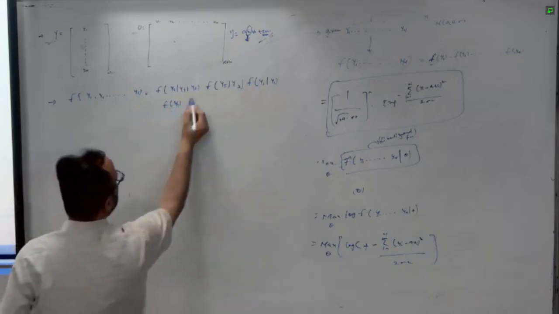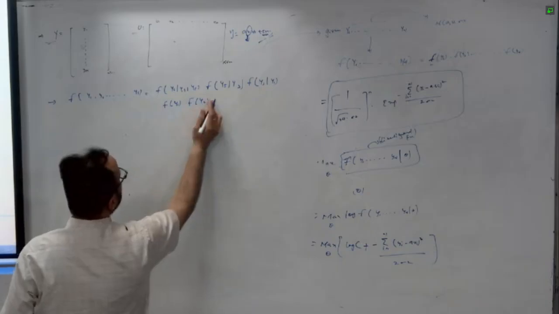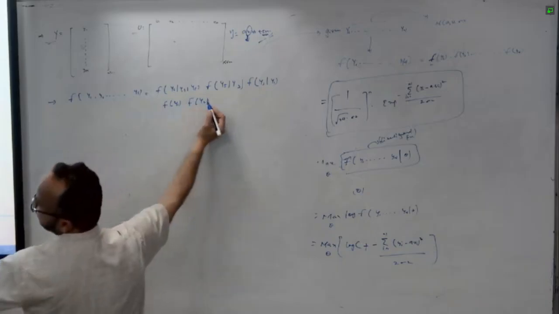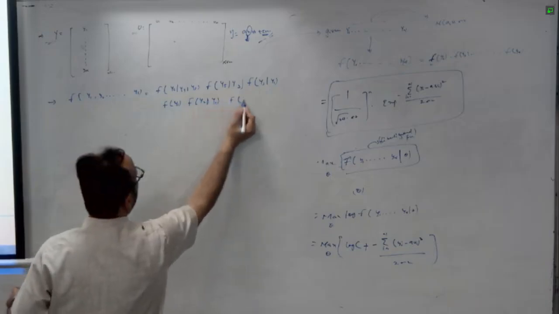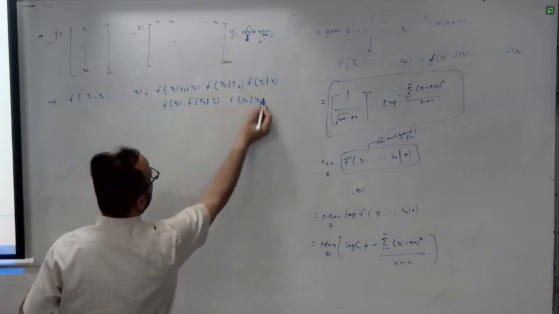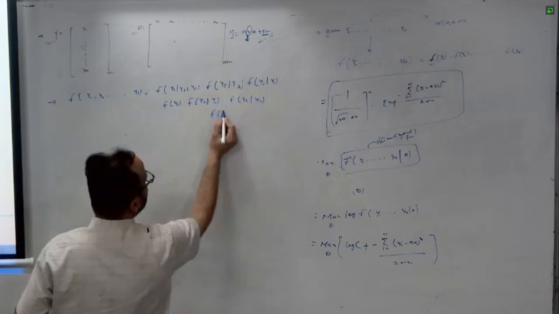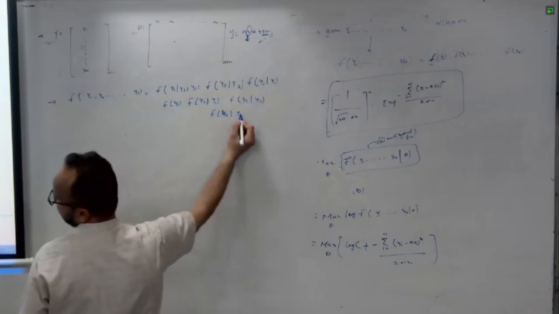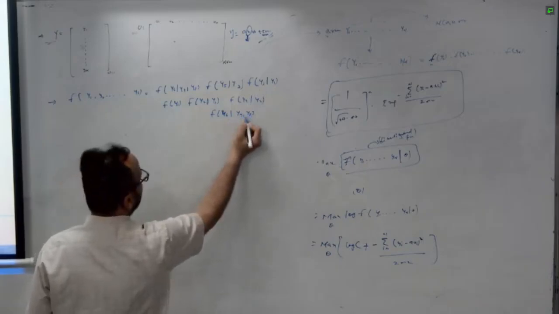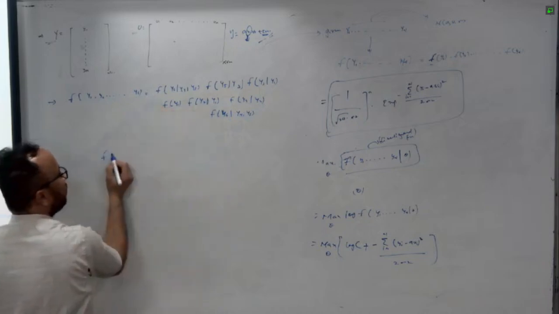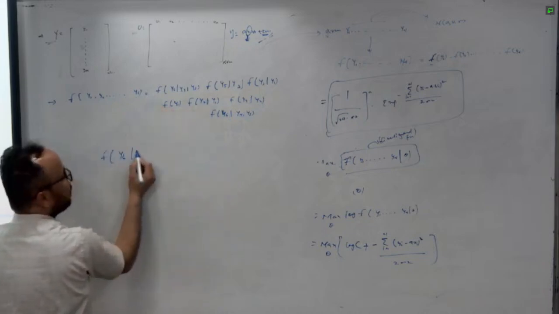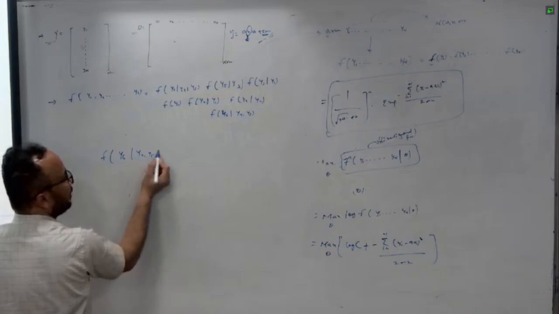Then f of y2 given y1, and f of y4 depends only on y2, and y6 depends on both y4 and y5.